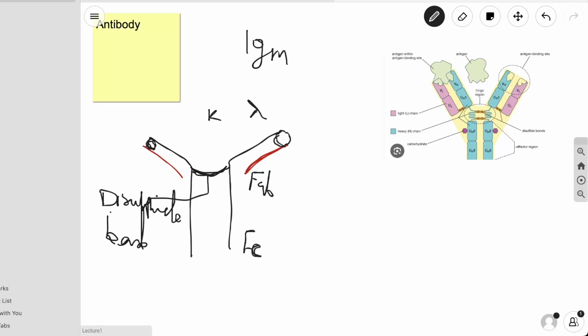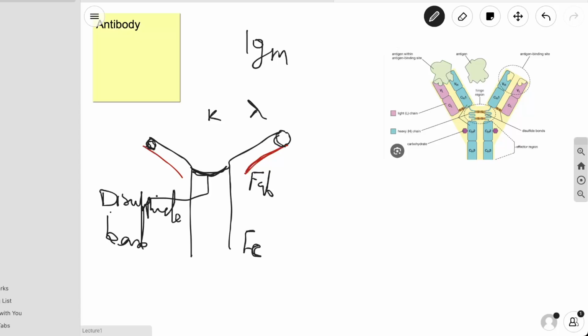Remember I said earlier that antibody is a polypeptide consisting of proteins and carbohydrates linked together. They are glycoproteins.